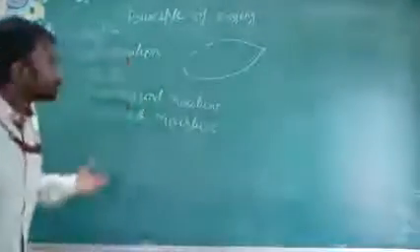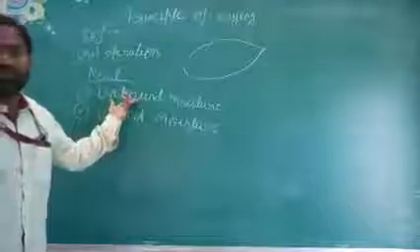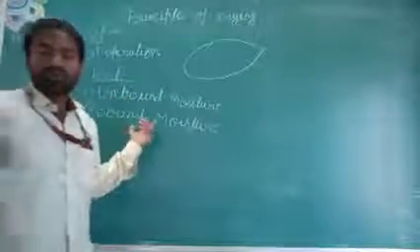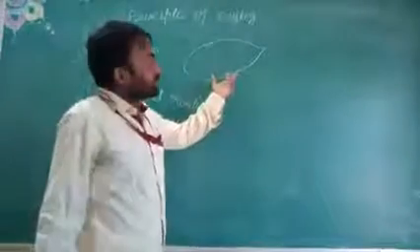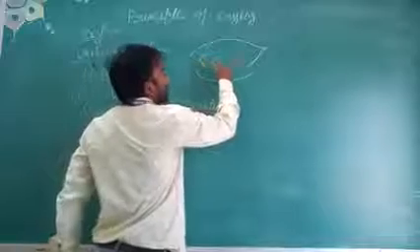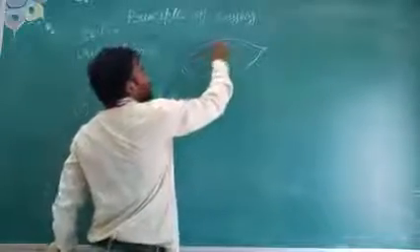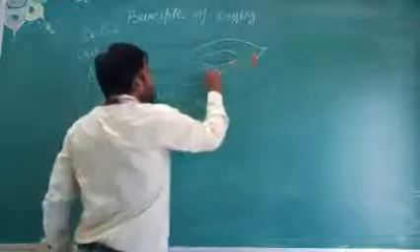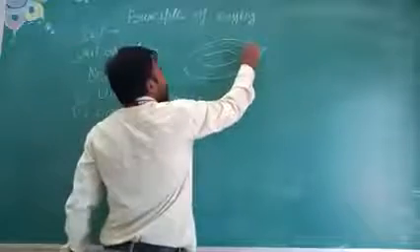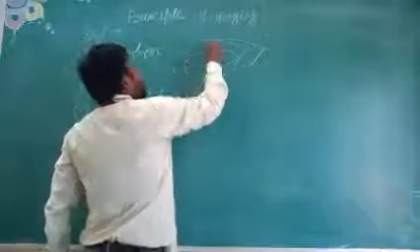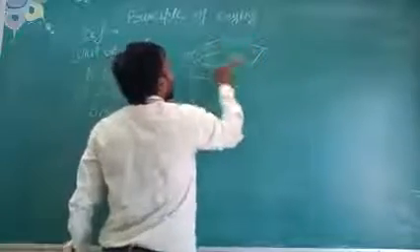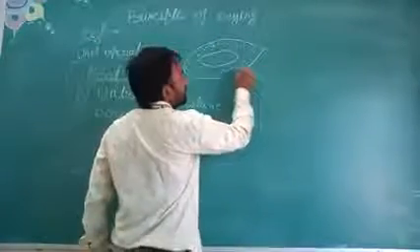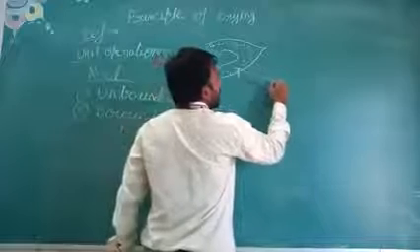So which type of moisture can we say is unbound, and which type is bound? We can divide the grain into two parts. This is the inner part and this is the outer part. The outer part contains a lot of moisture. This is called unbound moisture.